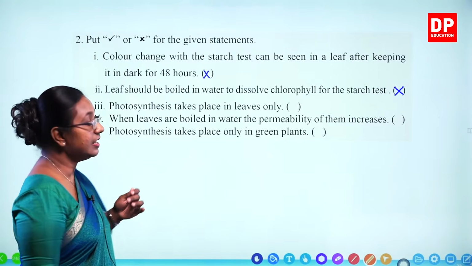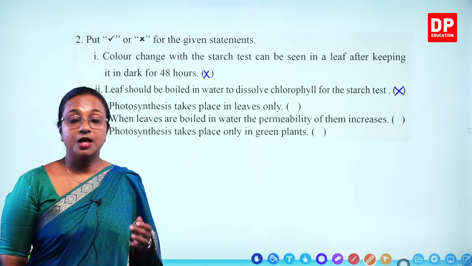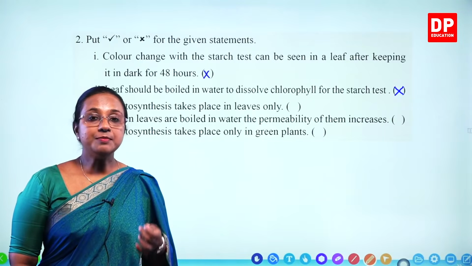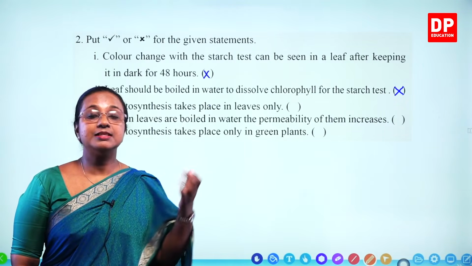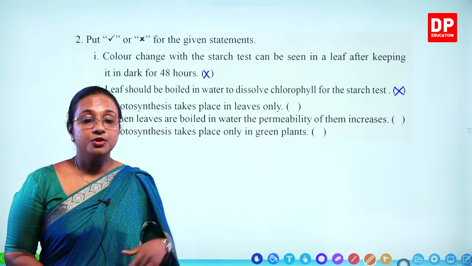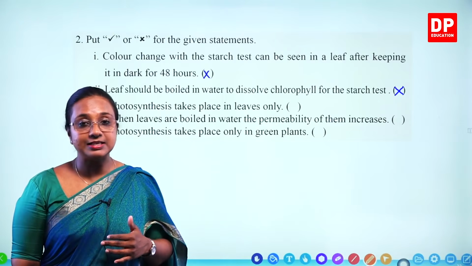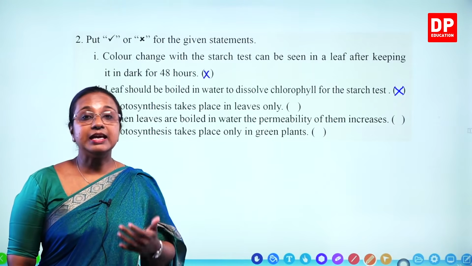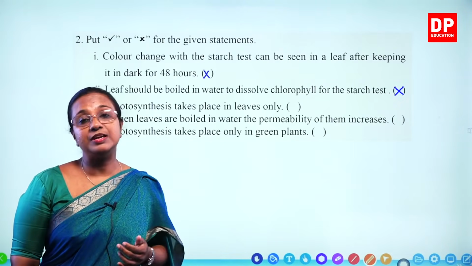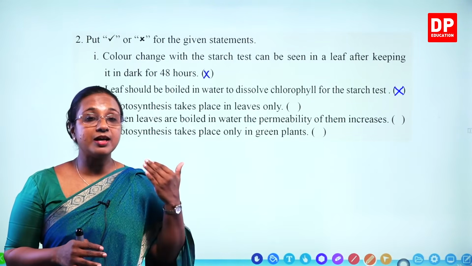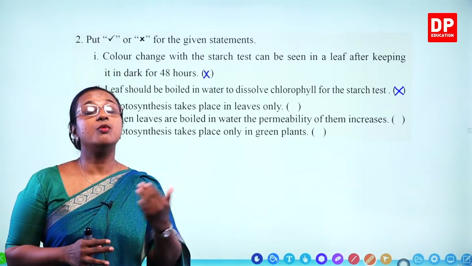Photosynthesis takes place in leaves only. Is that correct? No. Why? Because in young plants, the stem is also green. So photosynthesis can take place in the leaf as well as the stem. And again, we have certain xerophytic plants. Plants that grow in very dry area where there is high loss of water.